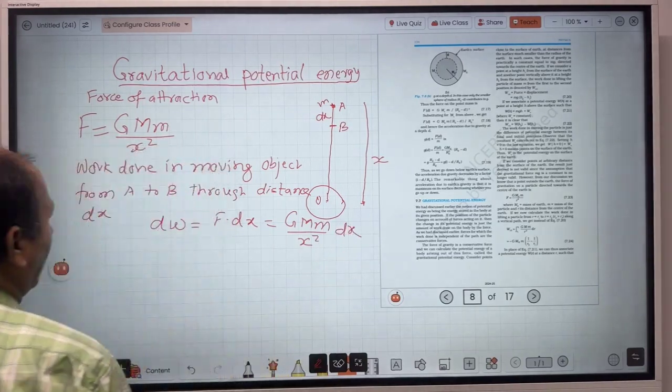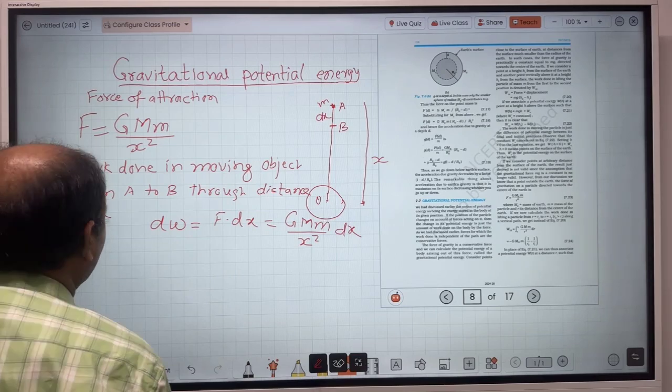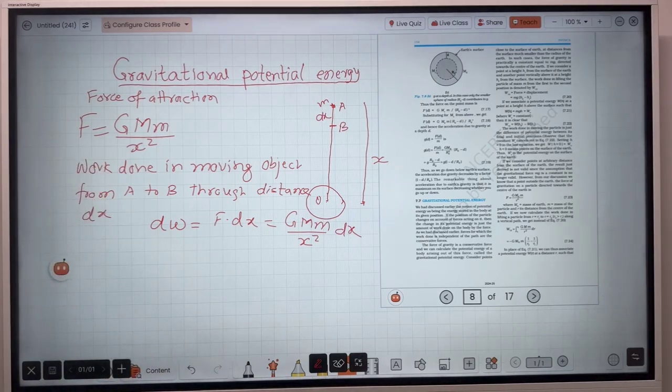Now total work done can be found by integrating it. So here we can put the limit.